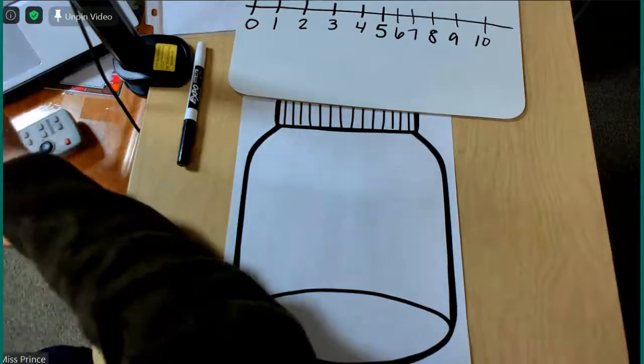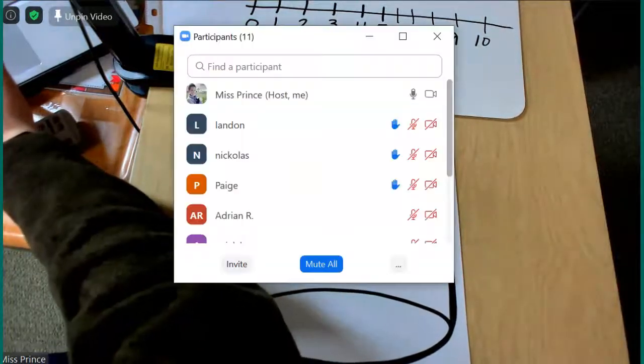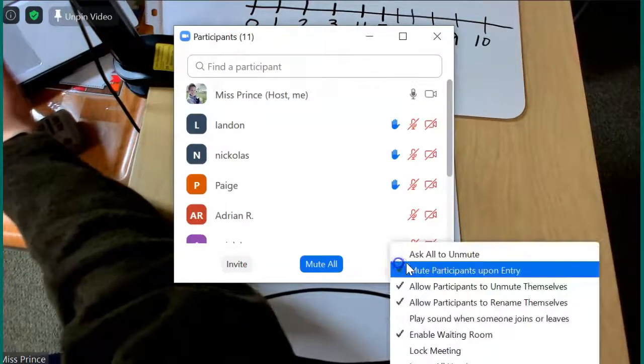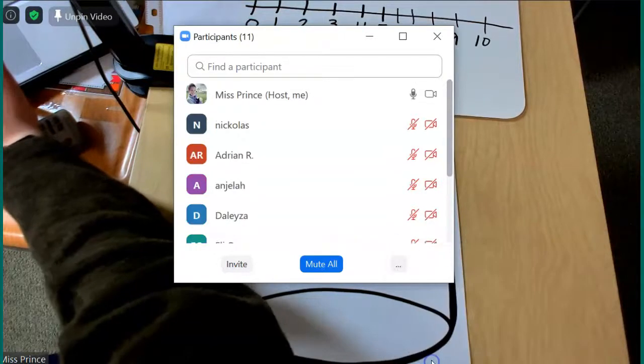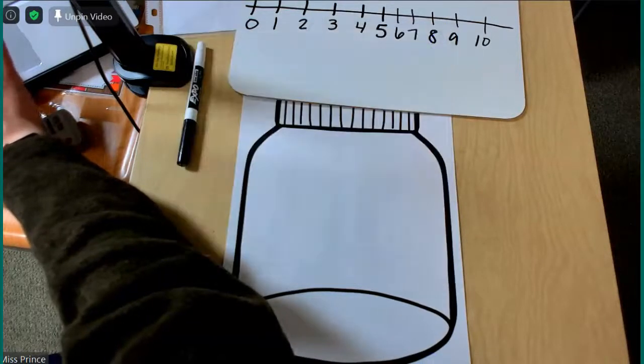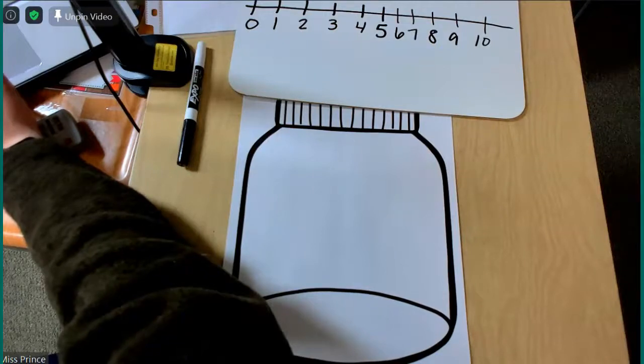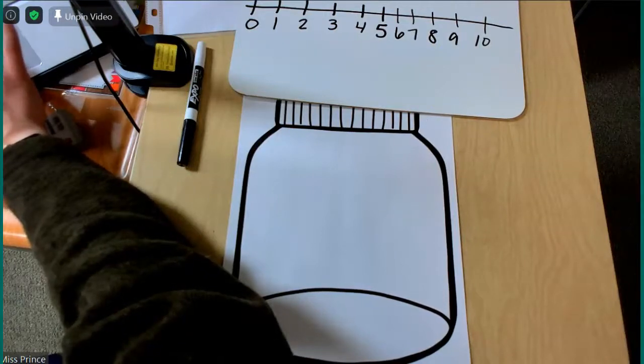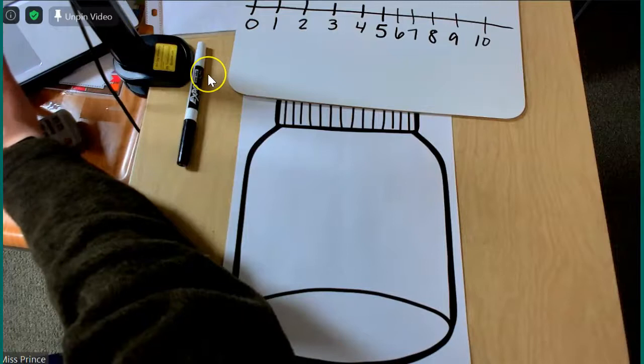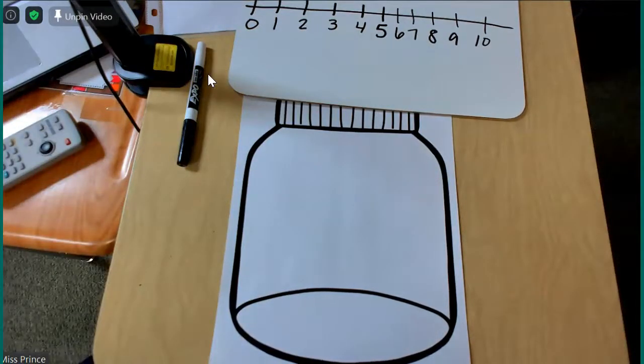So who can raise their hand? I'm going to put hands back down. Who can raise their hand and tell me what they think fewer means? What does fewer mean? If I said you have fewer cookies than me, what would fewer mean?